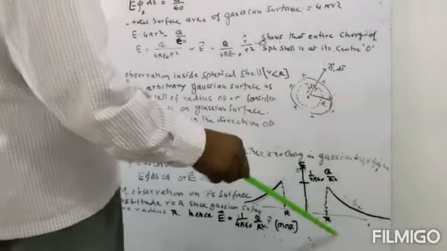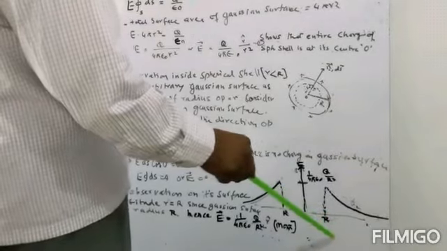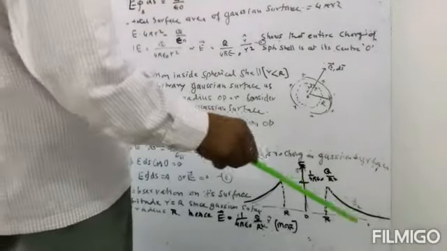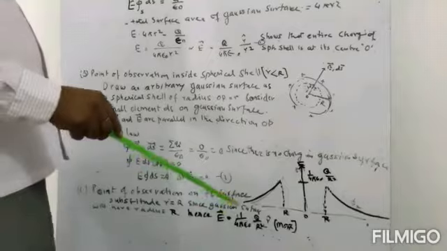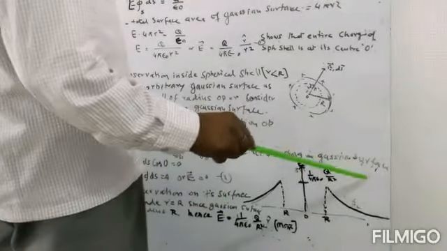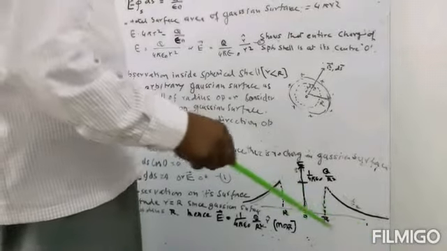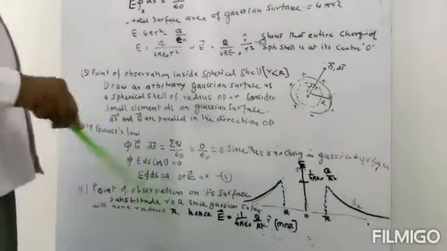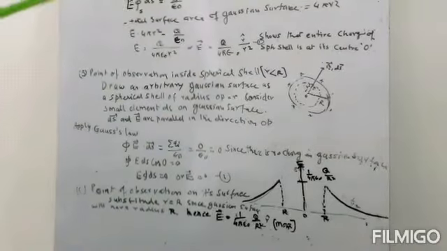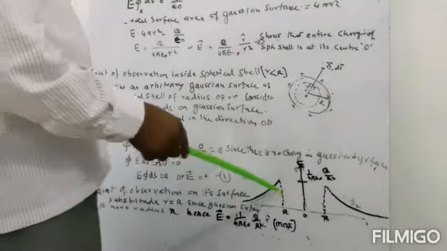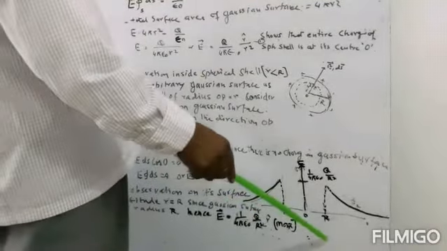Then afterward, if r is greater than capital R, the electrical field will be decreasing and it is proportional to 1 by r square and it will be 0 at infinity. So in this way we can explain the various points where the electrical field changes with the distance r.